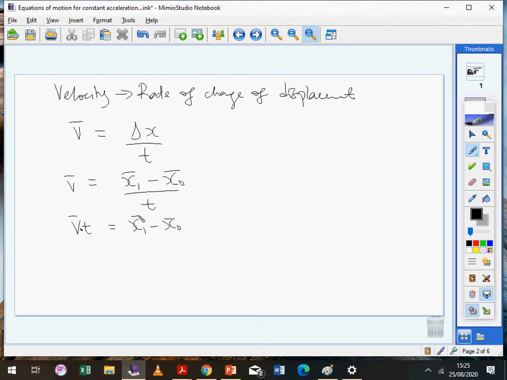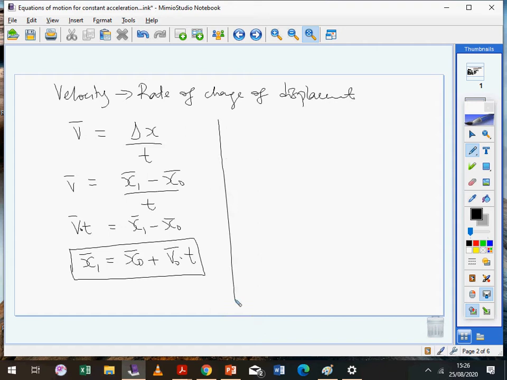So I have an equation for the final position of an object: x1 is equal to x0 plus vt. So that's the first equation of motion. It's the equation for the final position of an object. If I know the initial position of an object, I know its speed and its time, I can predict using this equation, by simply plugging in numbers, where that object is going to be, right?